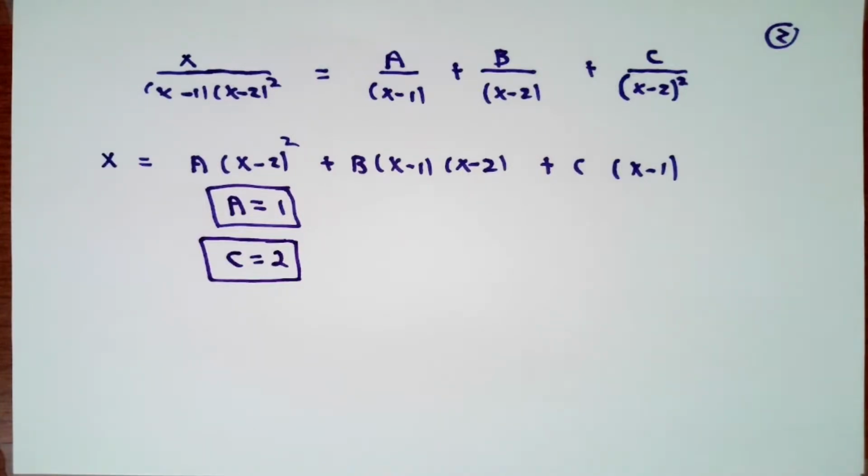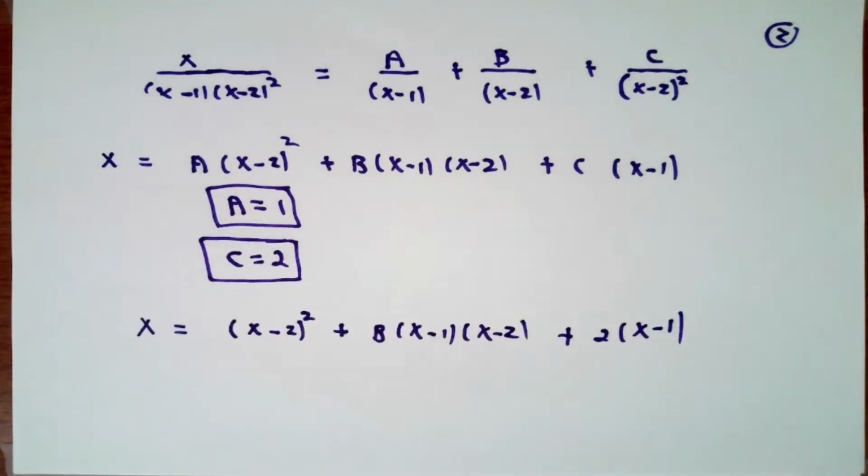I've used up all of my special points though, so to determine constant B, I'm going to have to do something else. If I write in what I know already, that A is 1 and C is 2, I get this simplified formula. This is supposed to be true no matter what x is.